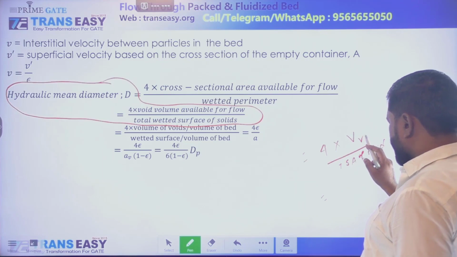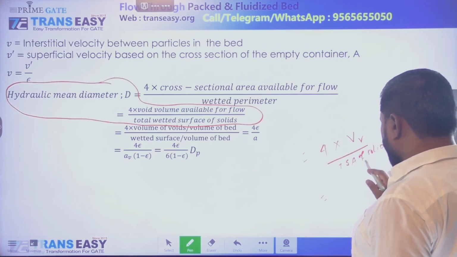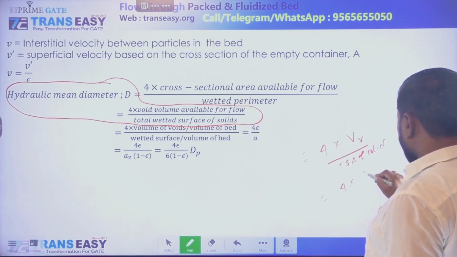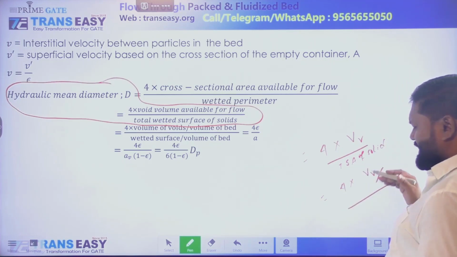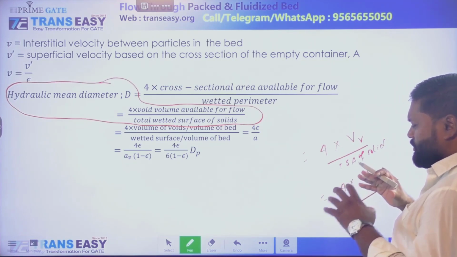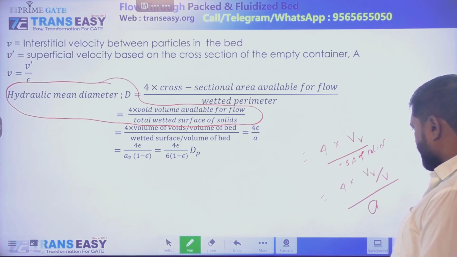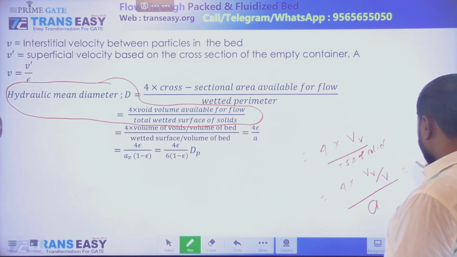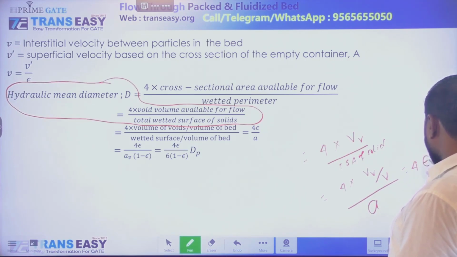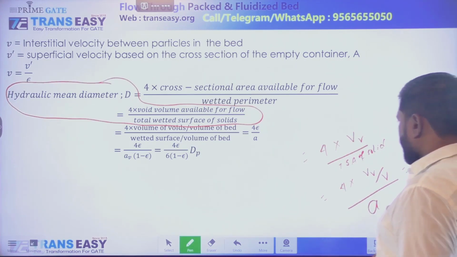Divide numerator and denominator by the total volume of the bed. Volume of the void upon volume of the bed is porosity, and total surface area of solid particles upon total volume is called A. So 4 times porosity upon A. Right?